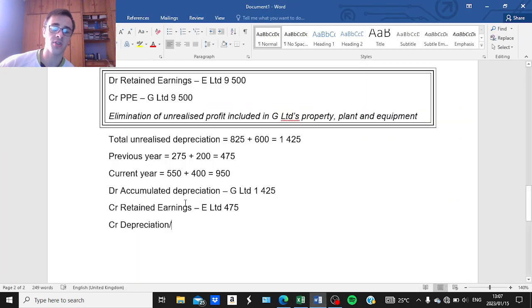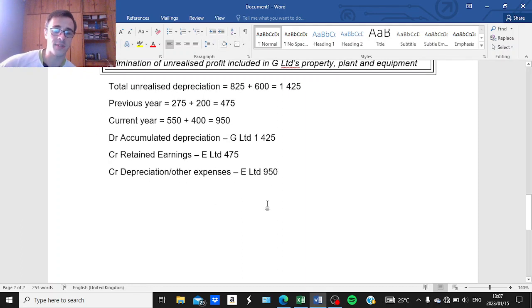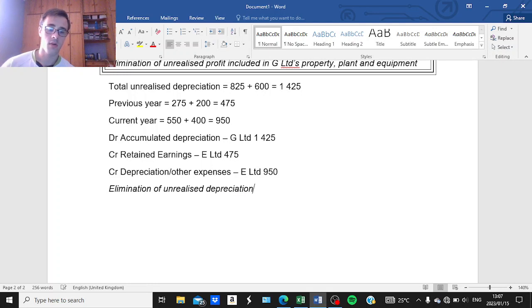So you can either show that you credit depreciation or other expenses, also for Econcals Ltd, and the amount credited will be 950. All right, this is the elimination of unrealized depreciation from the date of sale to the end of the current year.